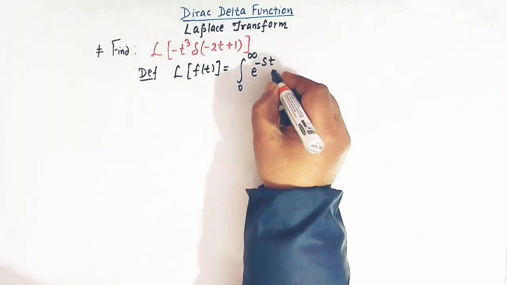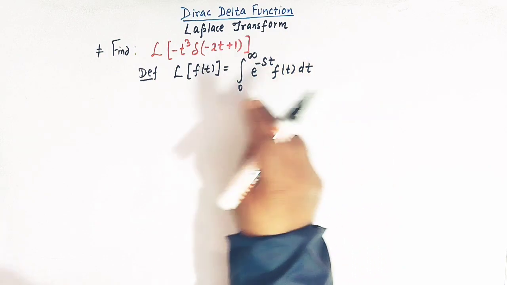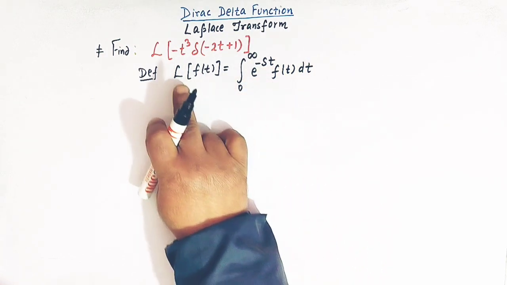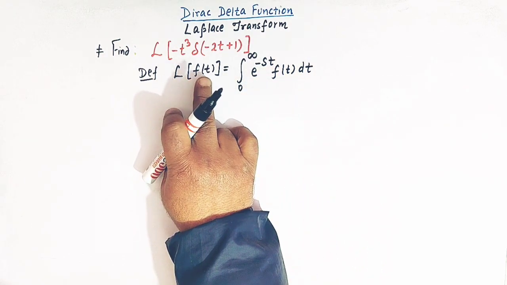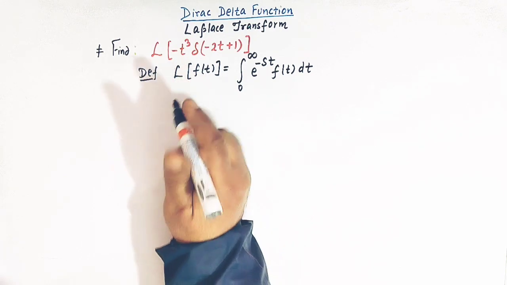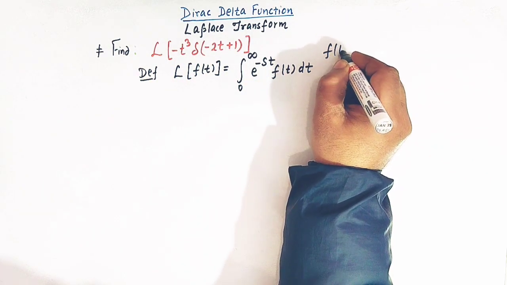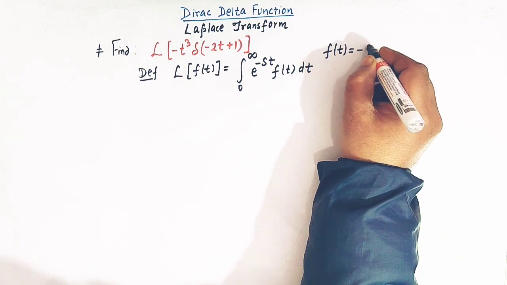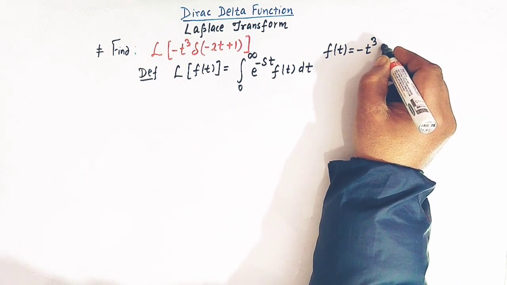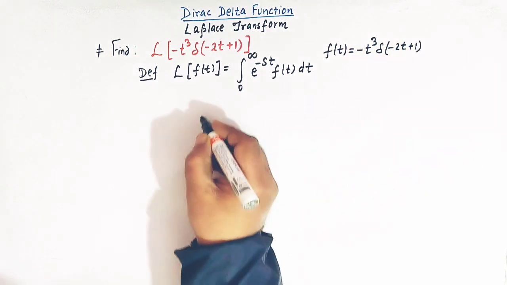Now let us replace f of t by this function. So we'll take f of t as minus t cube delta of minus 2t plus 1.